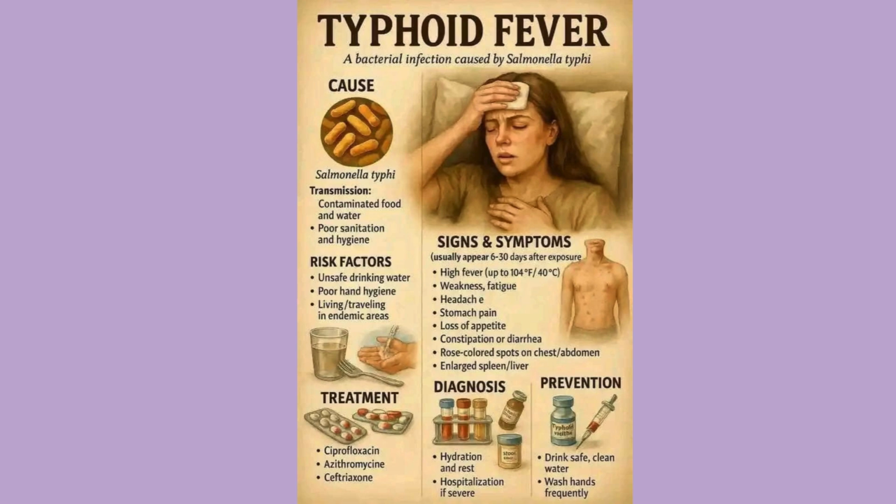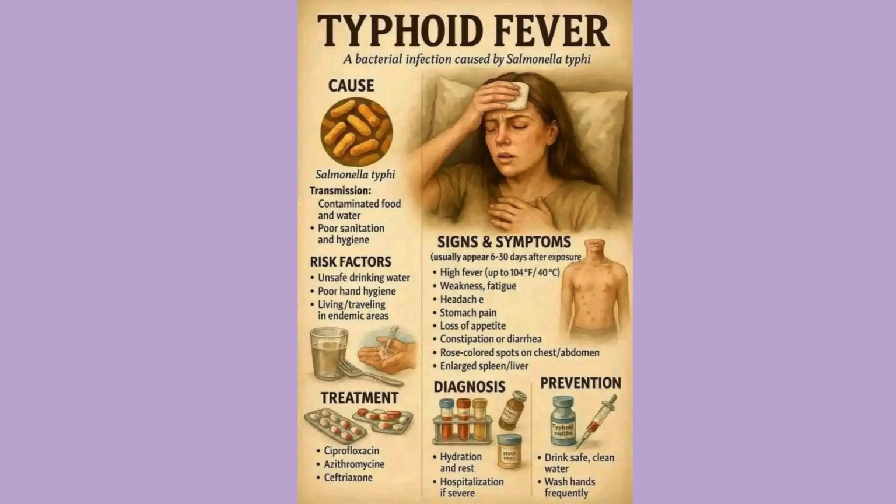Supportive care such as hydration and fever management is also crucial. Now, coming to primary antibiotic treatment, the WHO, or World Health Organization, and other health bodies recommend a few key antibiotics, but the selection is guided by the likely source of infection.